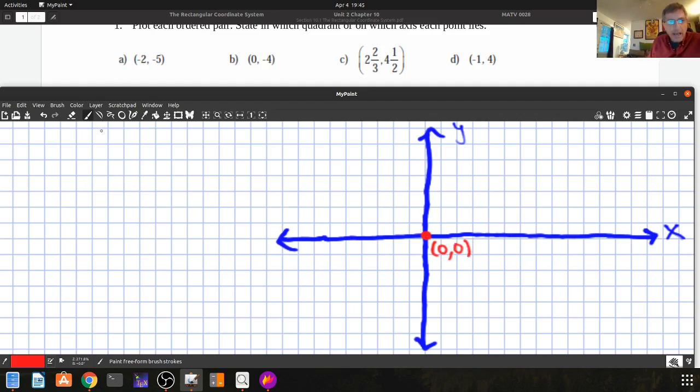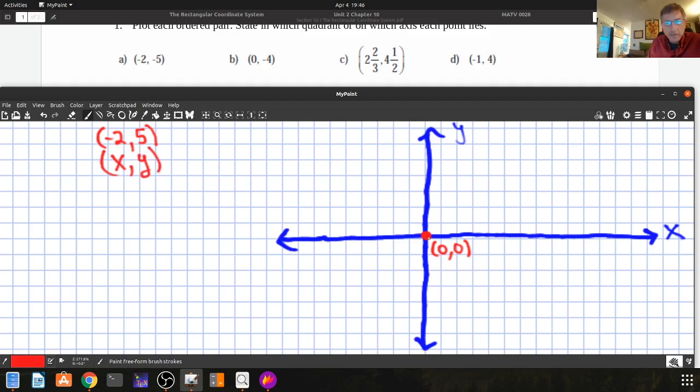So we are given -2 and 5 as a coordinate. So this is the mathematical expression. So we're asked to find its visual location. So remember, every ordered pair, coordinates comes in an ordered pair, we have my x value first and my y value second.